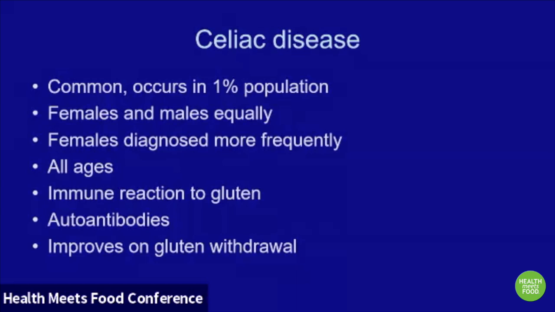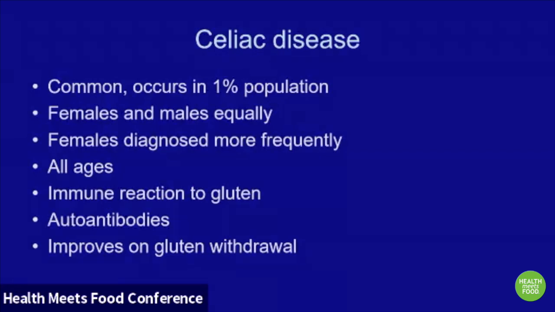So what's celiac disease? Celiac disease is common, and it's one of the most common genetically determined disorders in the world. It affects males and females equally, but females get diagnosed more often than men because men don't go to the doctor like women do. It occurs at all ages, providing that you're eating wheat.